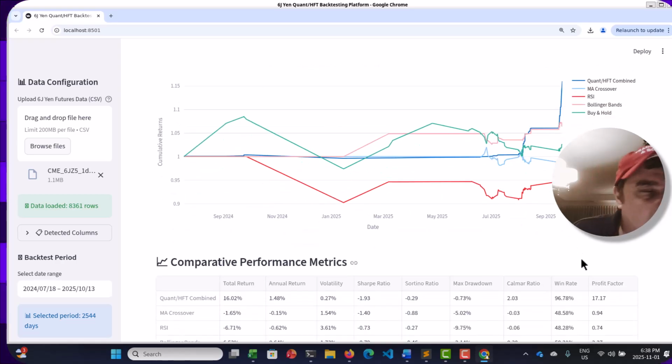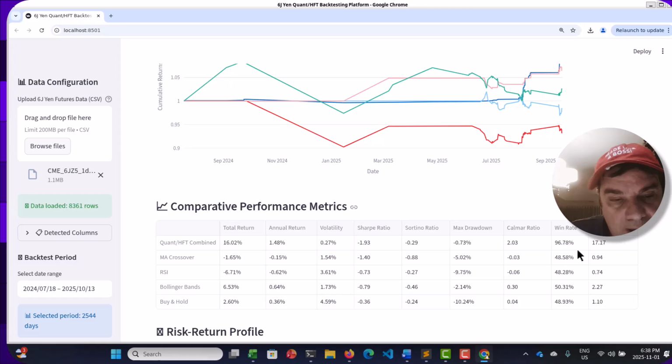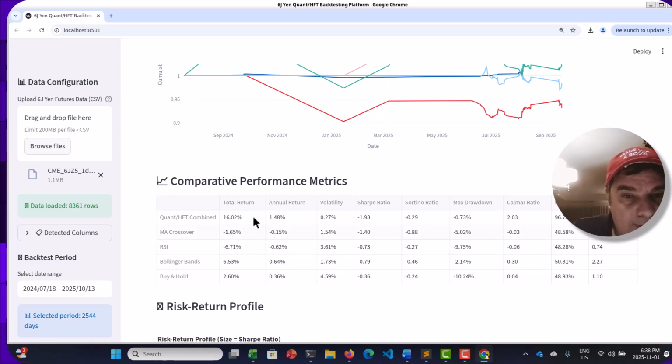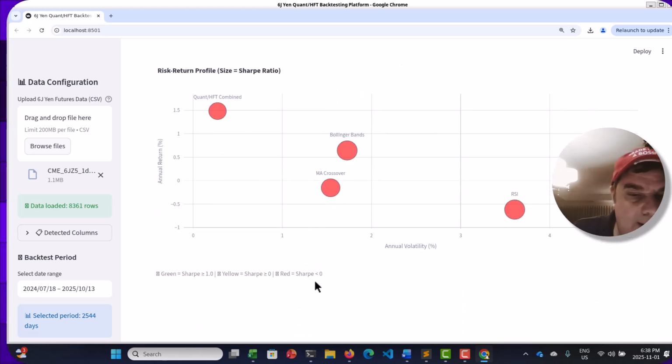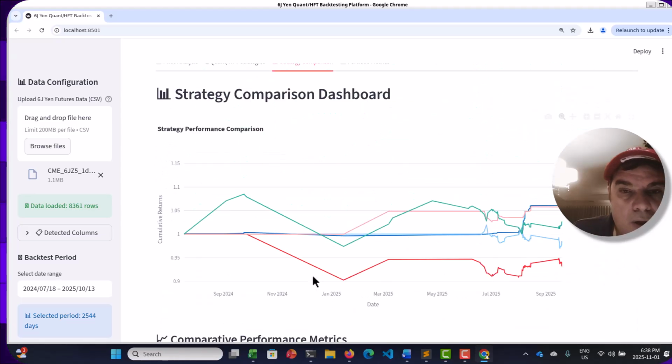Oh, these are just using, sorry, technical analysis. So again, these are total returns for using classic technical analysis. Okay, so if we use Bollinger Bands as part of the trading, we get annual return 0.64, buy and hold 0.36. Okay, so that's the technical analysis view.